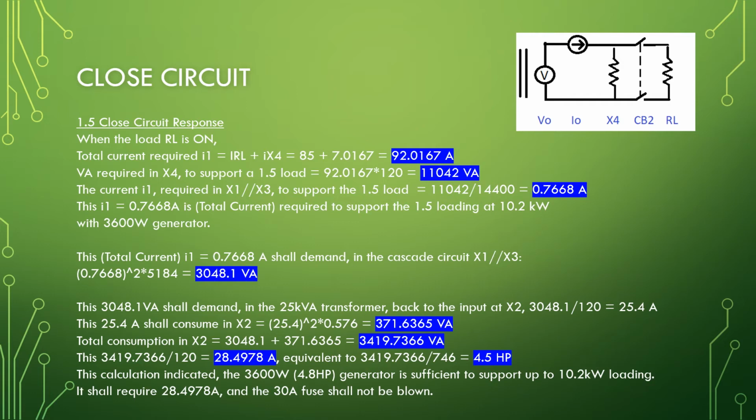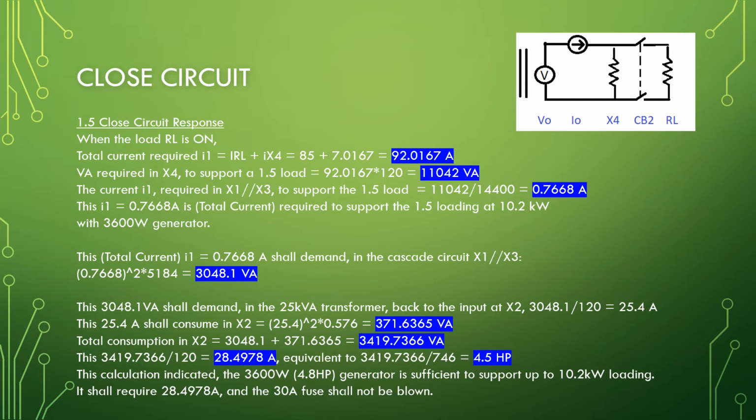This 3,048.1 VA shall demand in the 25 kVA transformer back to the input at X2. 3048.1 VA divided by 120 volt equal to 25.4 ampere.